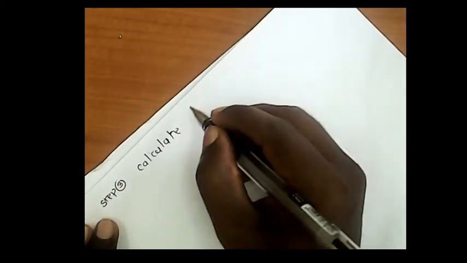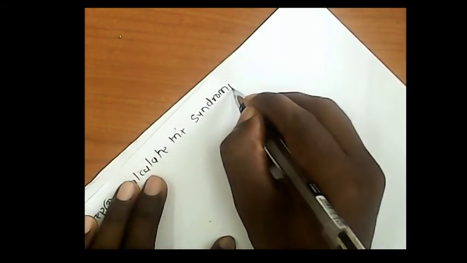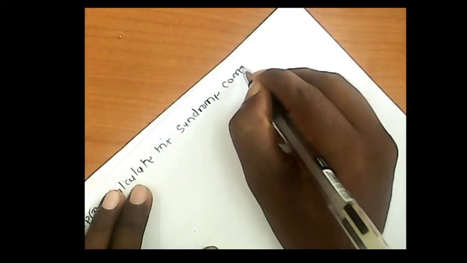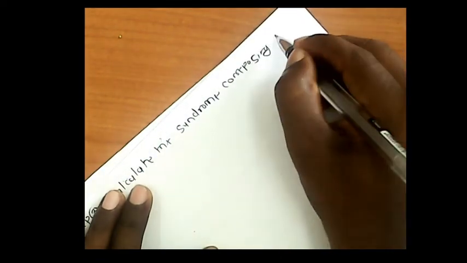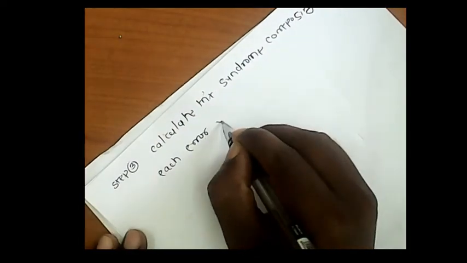Now, third step: calculate the syndrome corresponding to each error vector.